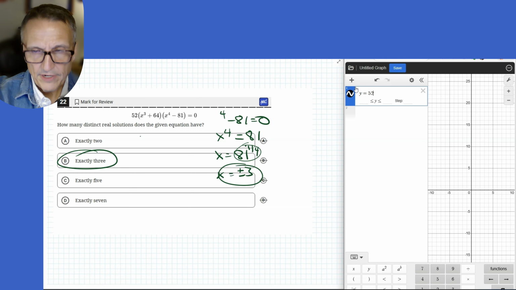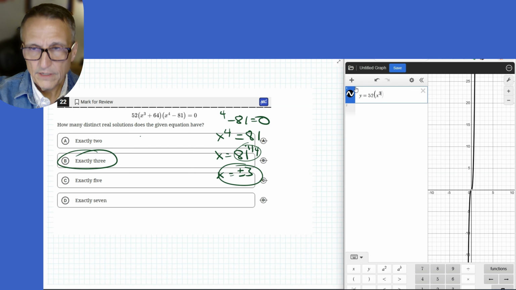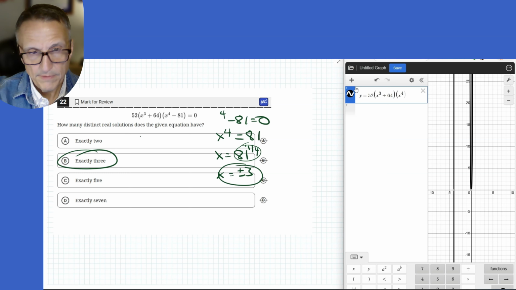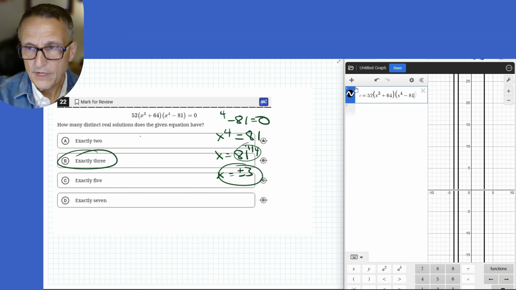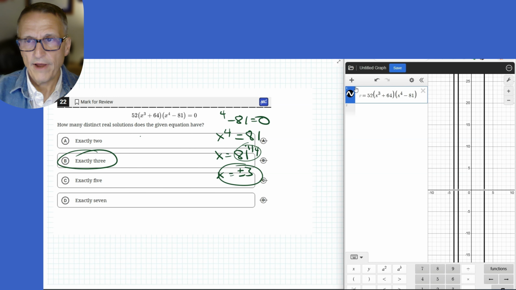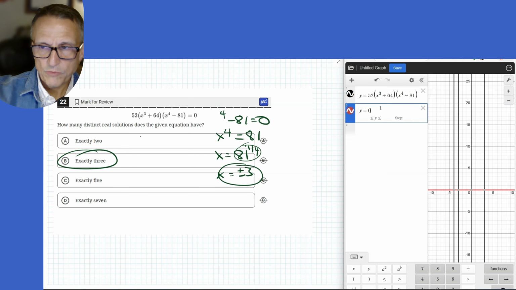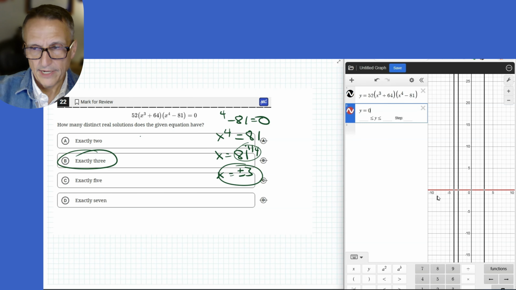So I'm going to graph the left hand side as a function, y equals 52 times x to the 3rd plus 64. Maybe it may be a little bit tough to see, but I'm going to graph that. And then you graph the right-hand side, which in this case is y equals 0, which is just the x-axis.